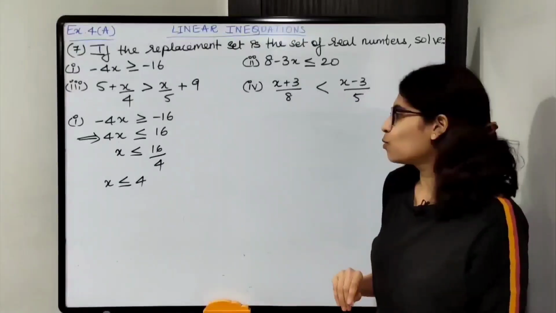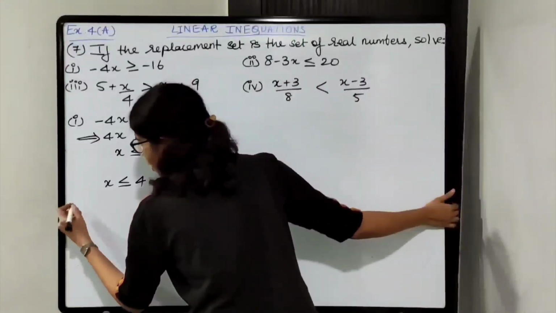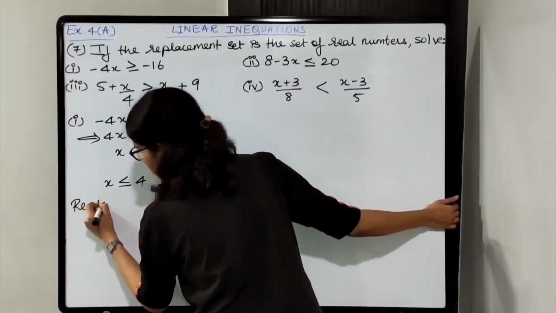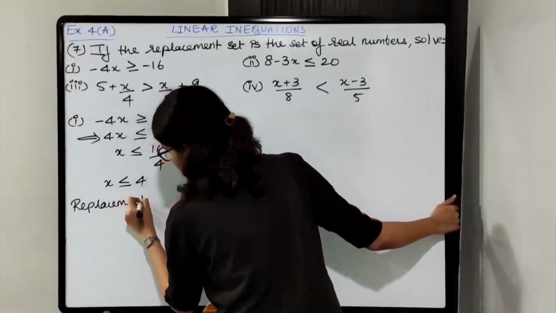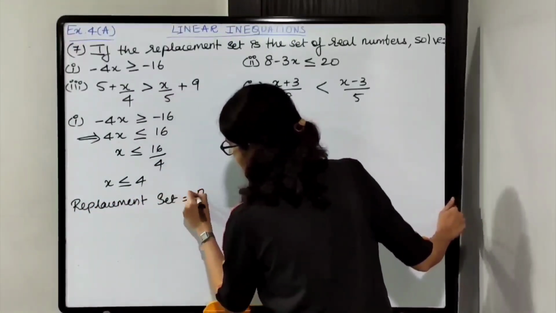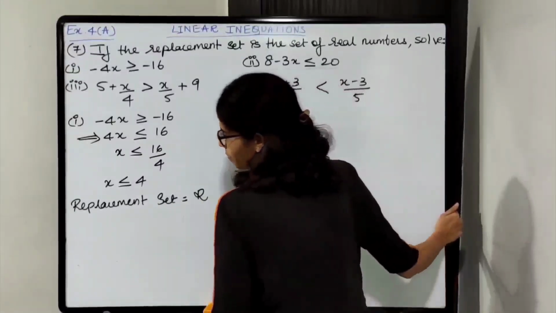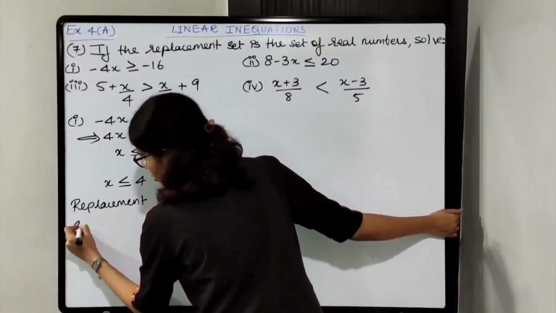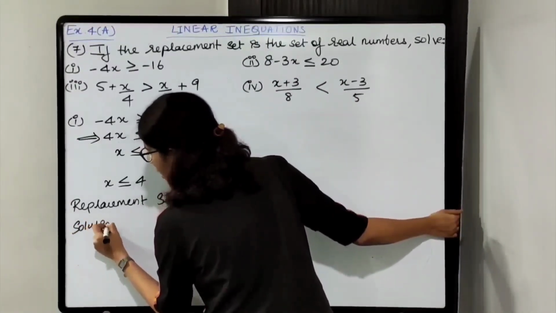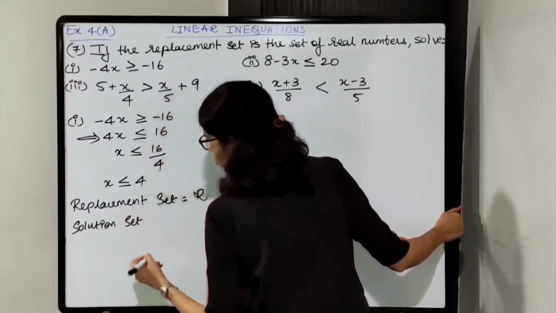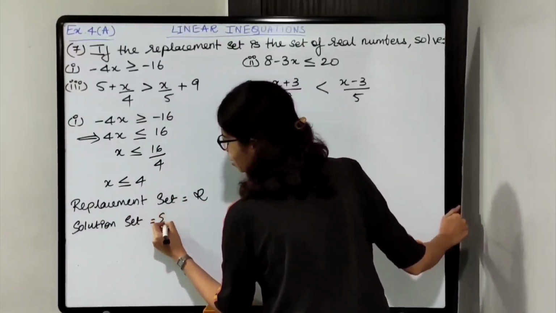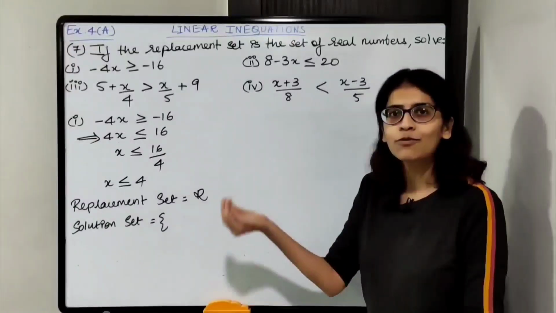Alright. So solution set. Before that we'll write down the replacement set. So replacement set is R. That is real numbers. And solution set. How do you write the solution set for the set of real numbers? In set builder form.